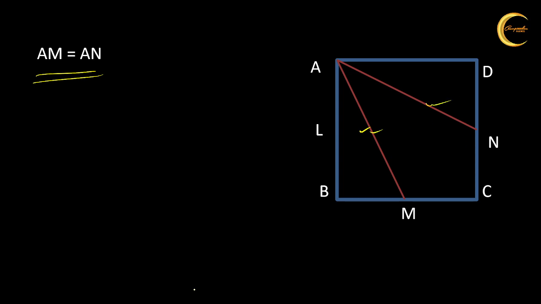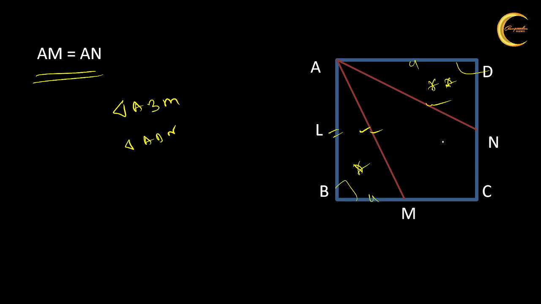So again we have two triangles. The first triangle is the ABM and the second triangle is the ADN. So you can easily see this AB equals AD and this angle ABM equals this angle ADN. Okay.